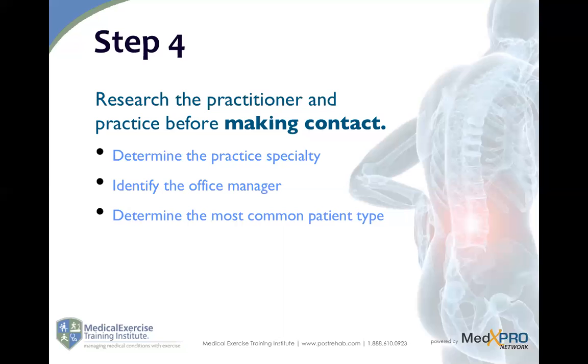So when you actually get there, and you may not be able to talk to the practitioner, which is normal, at least you can ask for the office manager by first name. And then, of course, make sure you know the client type, the common type of patient they see, so that you can now make sure you're making a presentation and you've developed a signature program that will meet the needs of that common patient type.